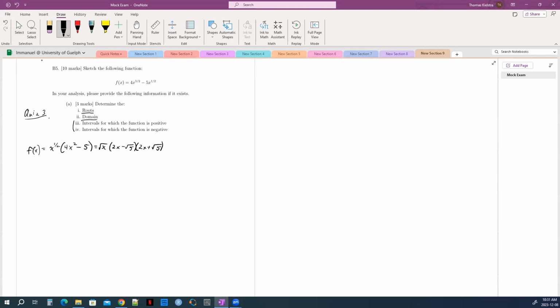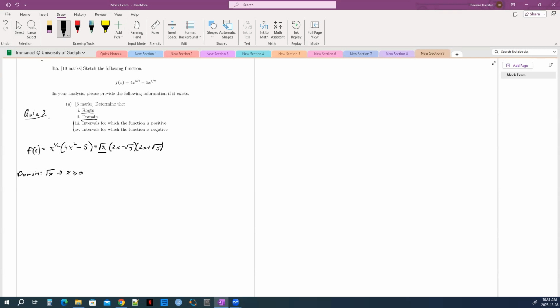And here we can see we have a square root. So before I even talk about my roots, I have a square root. This gives me a domain restriction, so I'm going to talk about the domain. Here, the square root x implies that x has to be greater than or equal to 0. I'm not dividing anywhere else.